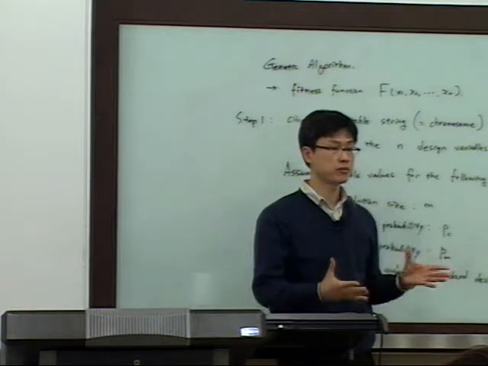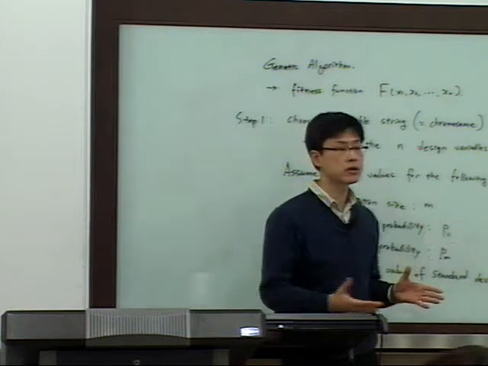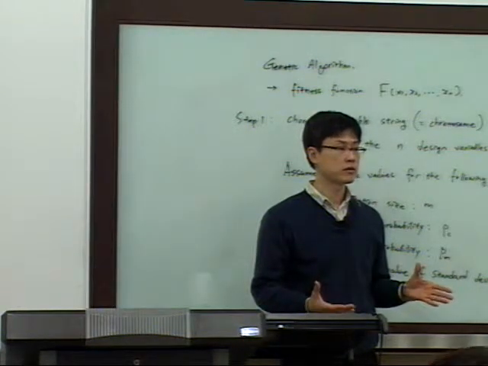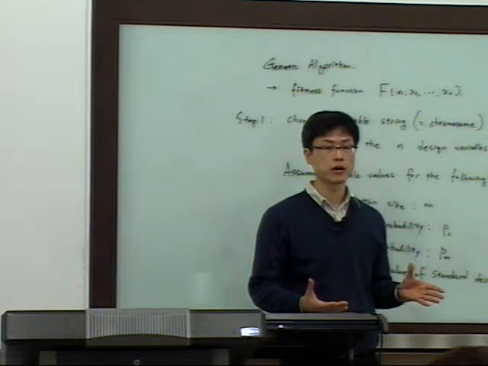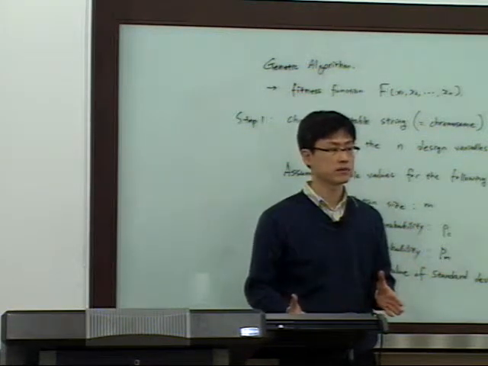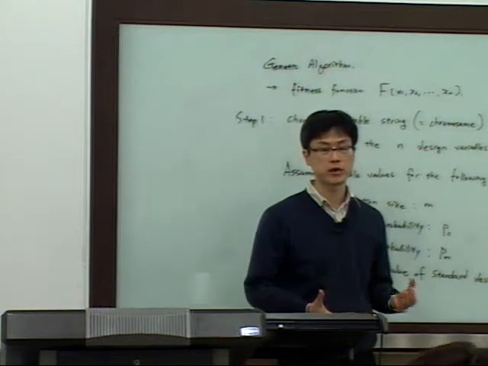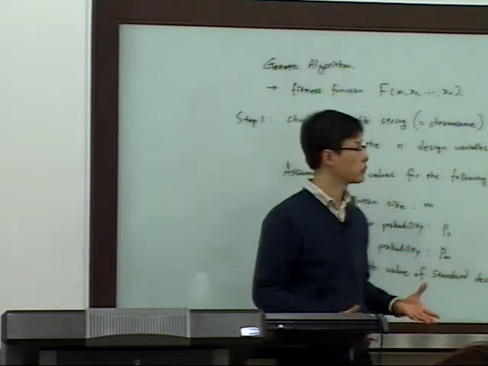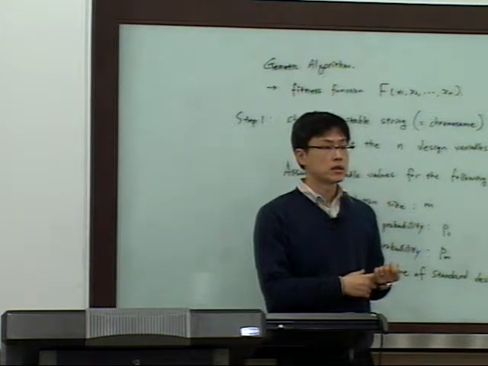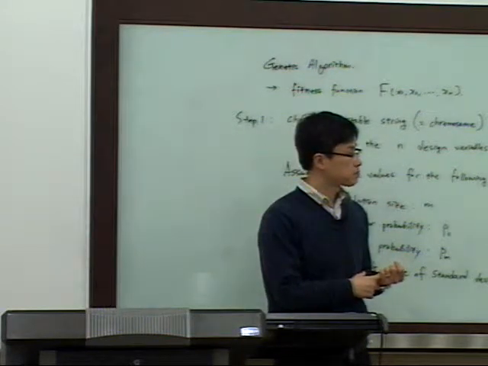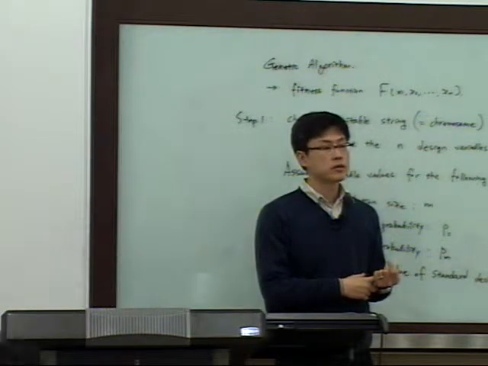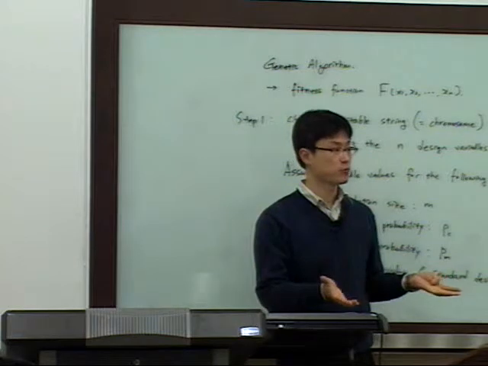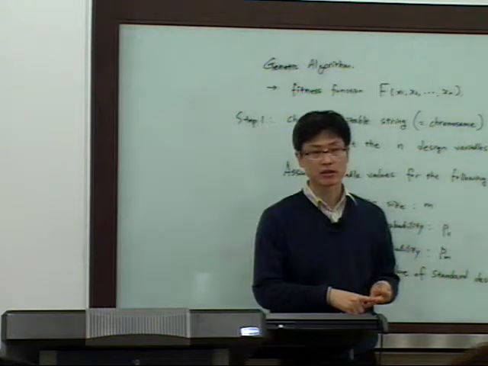So if you have 100 chromosomes and your stopping criterion is 1,000 generations, then the number of function evaluations required is 100 times 1,000, so 100,000 evaluations are required. Very computationally expensive. Okay? The other thing is that there is no guarantee that it will converge. Who knows?